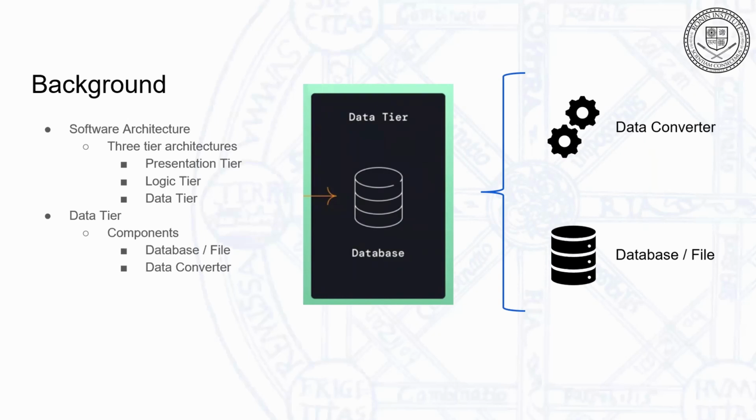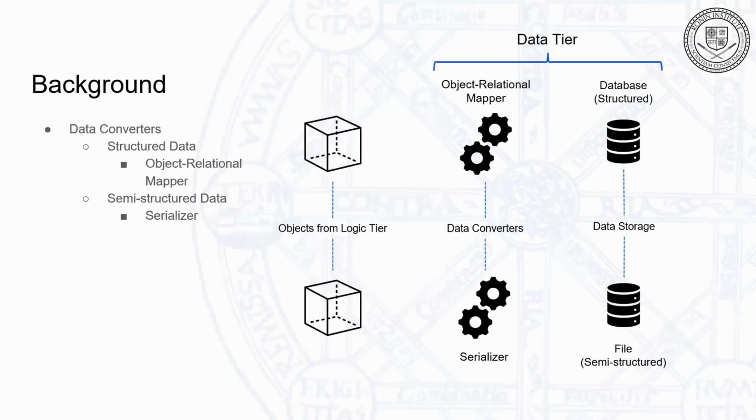It may contain a database or file, which is the actual data persistence mechanism, and a type of data converter, which is used to convert or map logic tier data components known as objects to and from a database or a file. The type of data converter used depends on whether the data being stored is structured or semi-structured.